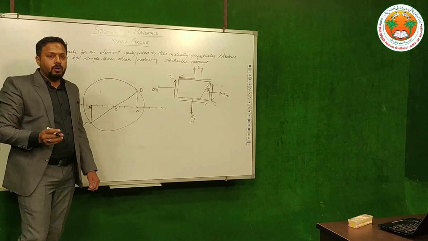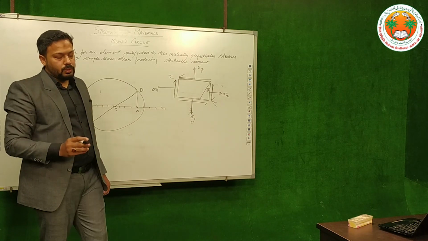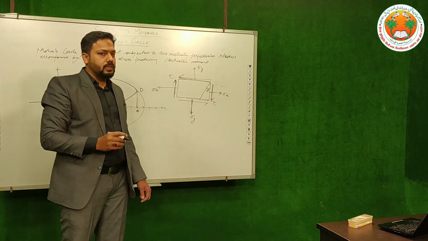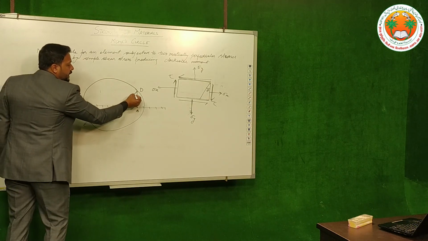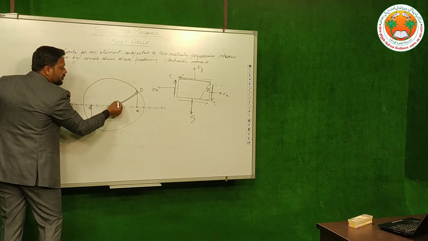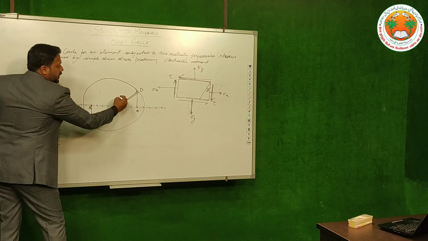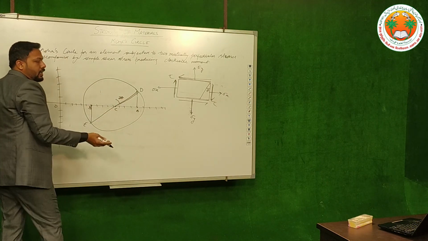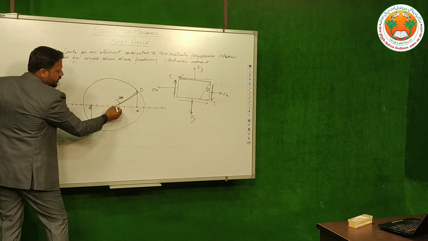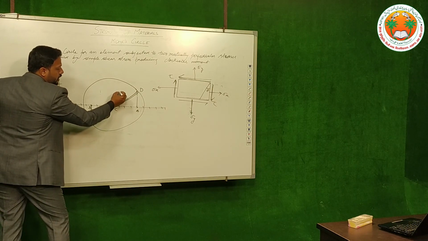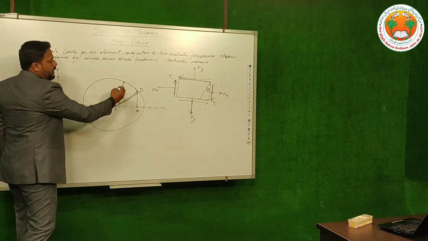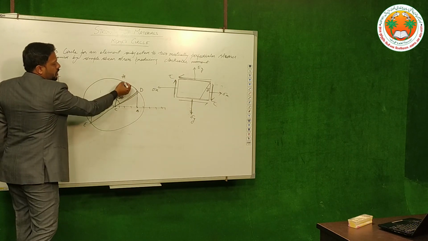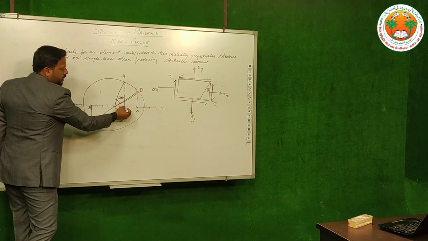To find out the normal, the tangential and the resultant stress, we will draw an angle of 2 theta from CD. Like we have done in the previous two cases, we will extend this line, and it will meet the Mohr circle at point H. We will drop a perpendicular.